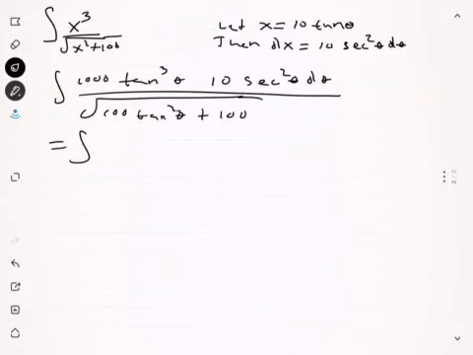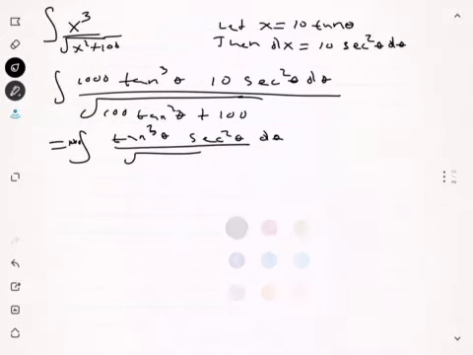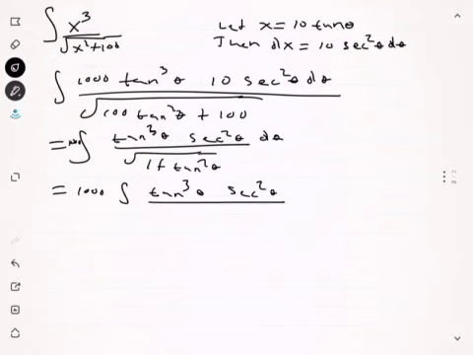And then we can take a 10 out of the square root, so we're going to have 1000 here, and then tangent cubed theta secant squared theta d theta, and then over here we have 1 plus tangent squared theta, which equals the square root of secant squared theta d theta.